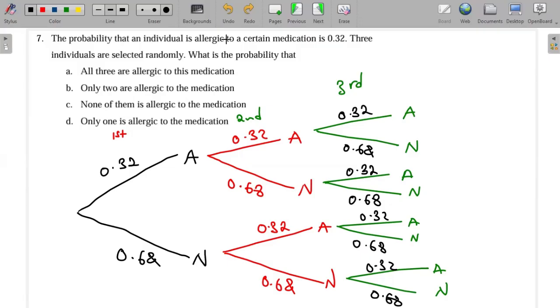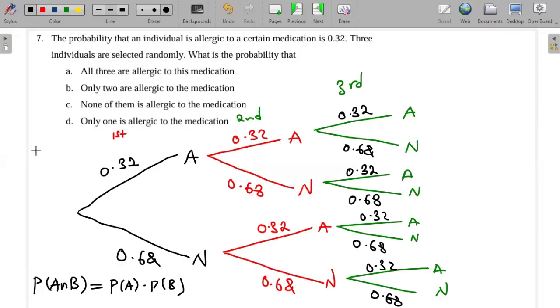And we said from the definition that if two events are independent, then we can find their intersection by multiplying their individual probabilities. I don't know if you remember this when we were defining things. It said if these are independent, then it's the same as probability of A multiplied by probability of B. Because here we're finding the probability that all three are allergic.